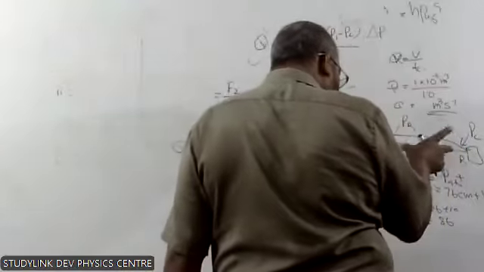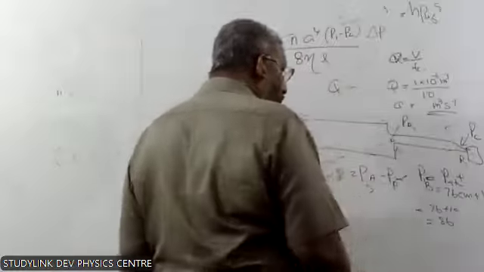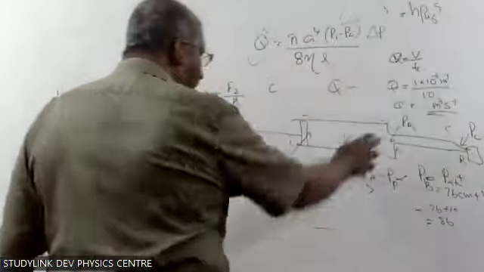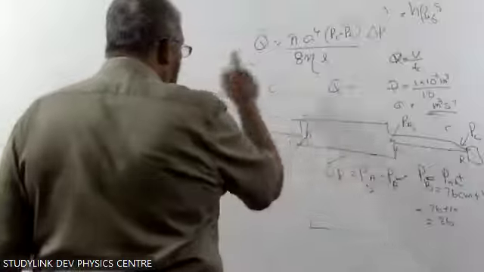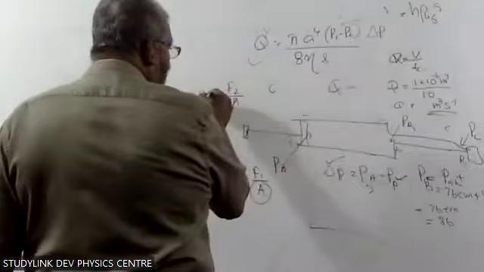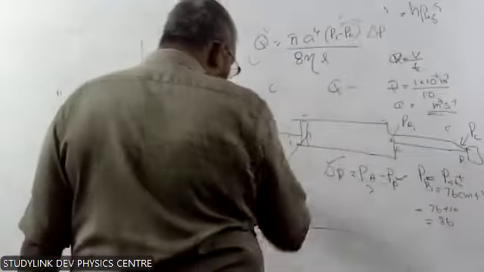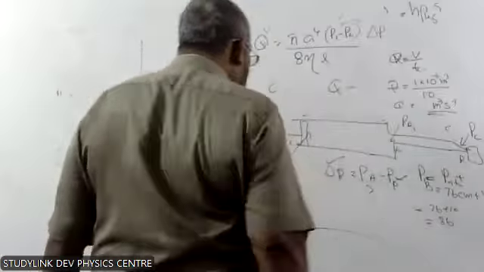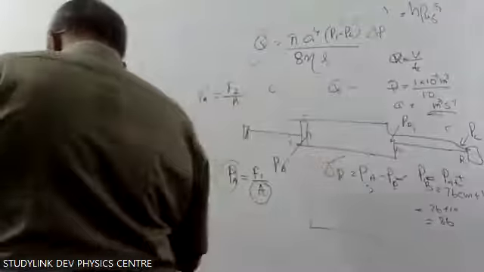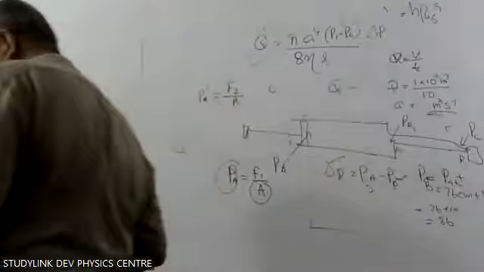Then, as in the previous method, we find the difference. After that, use this and find the new pressure at A. That is the same here. Then you substitute that pressure here, and get the second force. Then the difference is the additional force to be found. That means F2 minus F1.